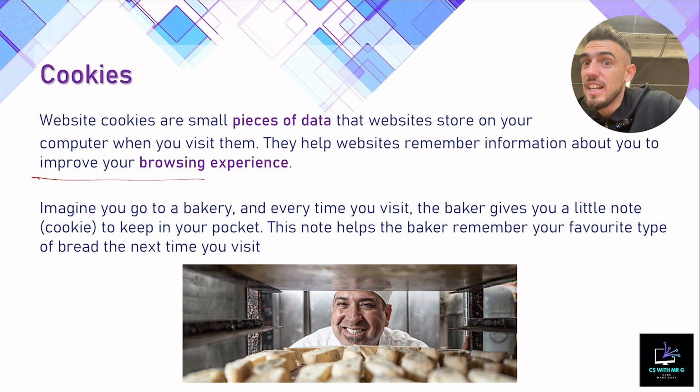There's another analogy here. We go into a bakery, and every time we visit, the baker gives you a little note that you keep in your pocket. This helps the baker remember your favorite type of bread or cookie every time you visit. When you go to that bakery, they know, because they've got your cookie stored, what's your favorite type. You don't have to ask for it, they don't have to bake it, it's simply there for you to collect.